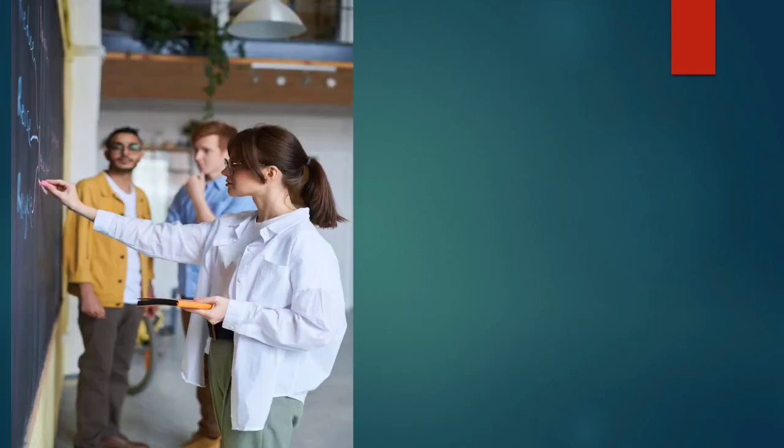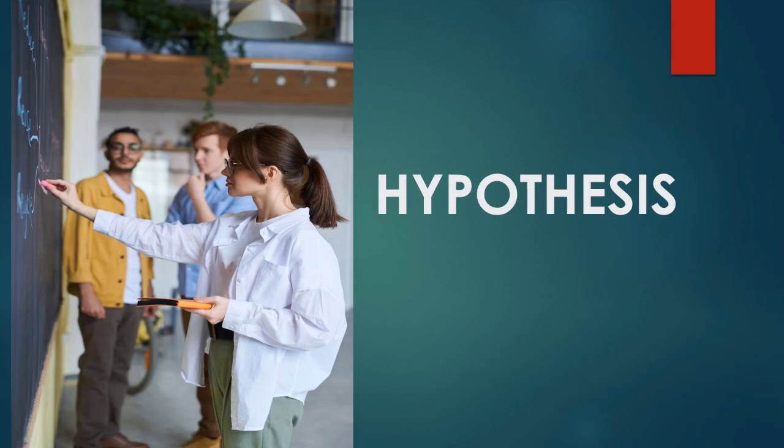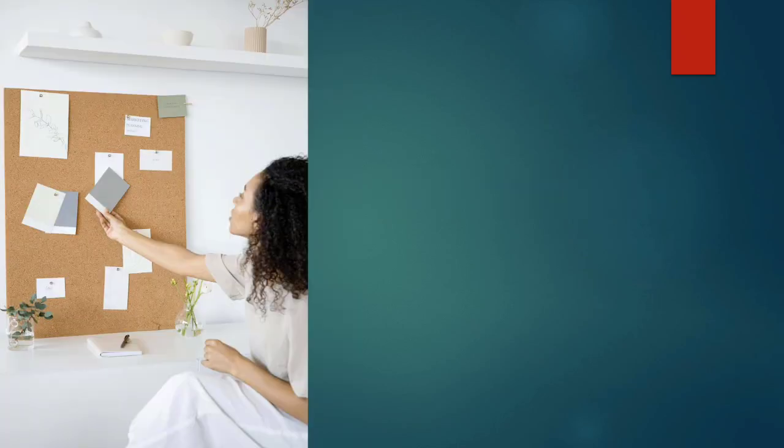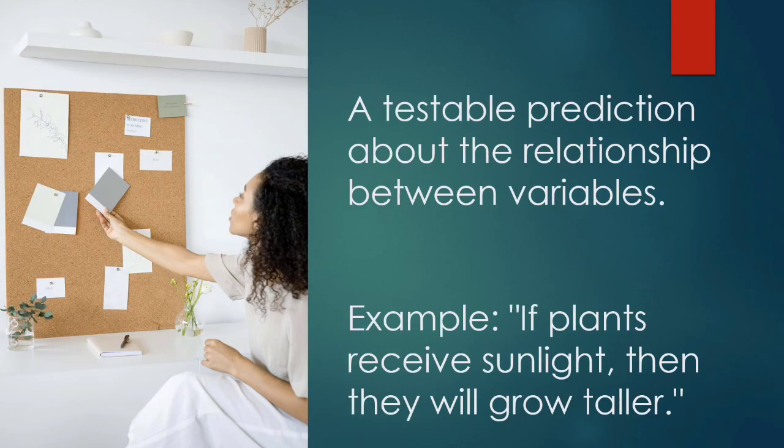Now another thing is hypothesis. Now what is hypothesis? Hypothesis is a testable prediction about the relationship between variables. Now, I will explain what variables are, okay? Now, when we say testable prediction, you predict, you say, okay, this is this, all right? For instance, you say, if plants receive sunlight, they will grow taller.